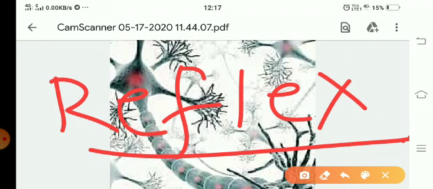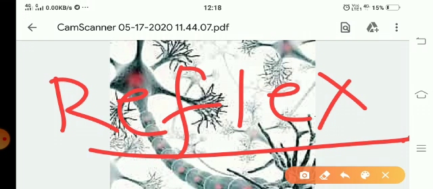Some other examples of reflex actions are: first, blinking of your eyes on sudden exposure to bright light. Next, secretion of saliva in your mouth when you see a hot pizza.